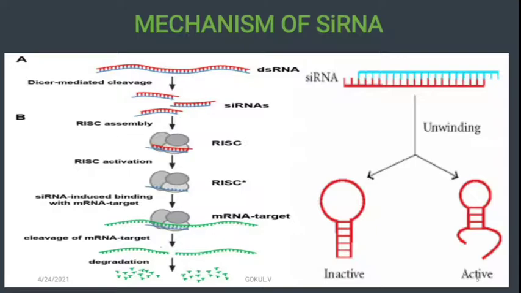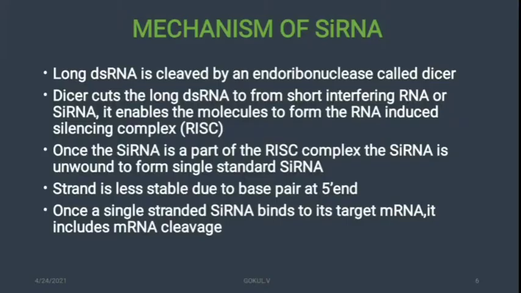Next we see the mechanism of siRNA in detail. First, the long double-stranded RNA is cleaved by the endoribonuclease called dicer. The dicer cuts the long dsRNA to form short interfering RNA, or siRNA. It enables the molecules to form the RNA induced silencing complex, that is RISC.